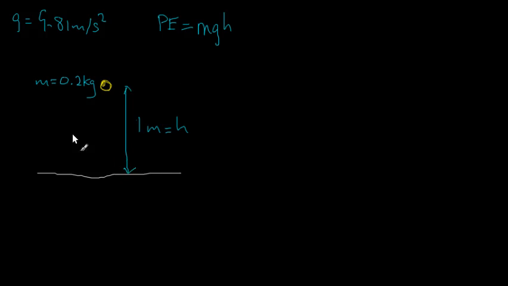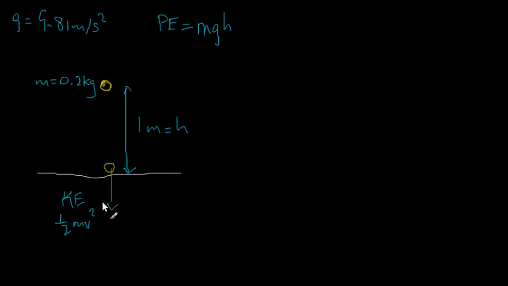Just before the ball hits the ground, the potential energy of the ball would become 0 because h has dropped to 0, but the exact amount of this mgh would be converted into its kinetic energy, which is half mv squared.